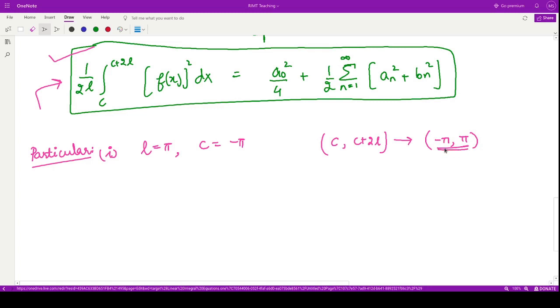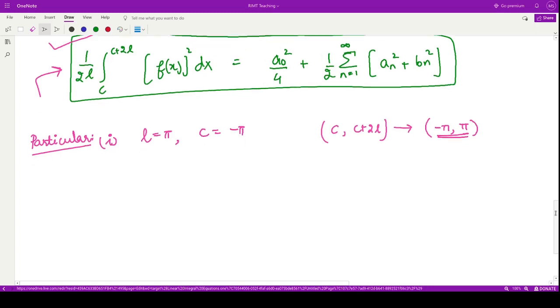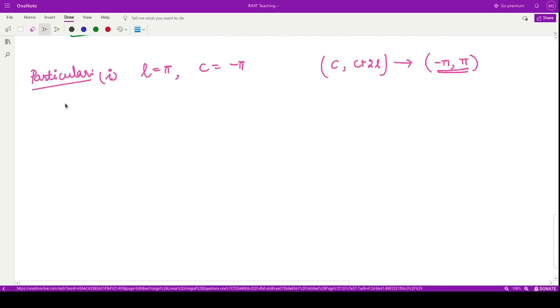So we are having the open interval minus pi to pi, right? So in this case, your Parseval identity would reduce to this one. So you have 1 by 2 pi.